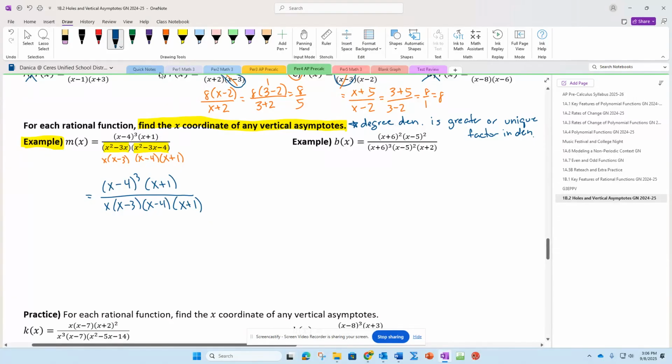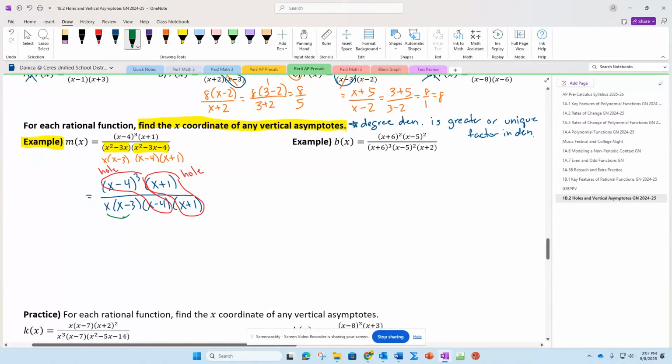Okay. So your x minus 4s, your numerator is greater. So this is going to give you a hole. Your x plus 1, your degrees or multiplicities are the same. So this is also a hole. So we are going to get vertical asymptotes from these two unique factors.